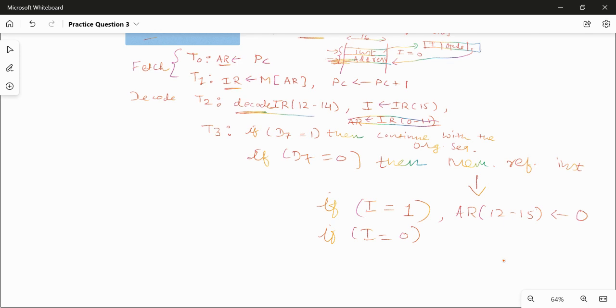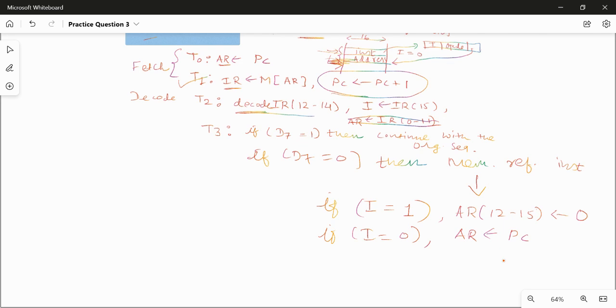Initially, when the instruction execution starts, the PC points to the instruction itself. Then, during the fetch phase, PC is incremented by 1. So PC is currently pointing to the memory word which has the address part, the second part of the instruction. So for I equal to 0, this PC can be transferred to AR.